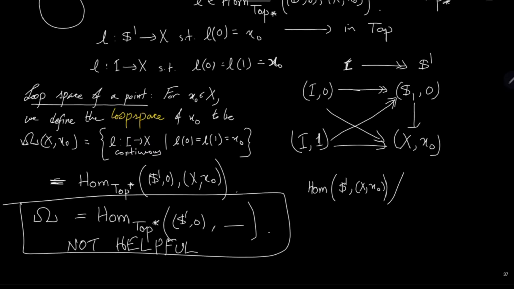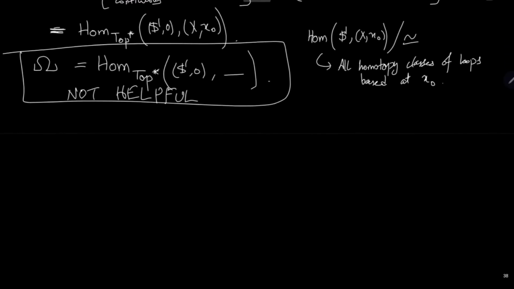We can take this and quotient it by path homotopy. And this gives us all homotopy classes of loops based at x naught. Very nice.